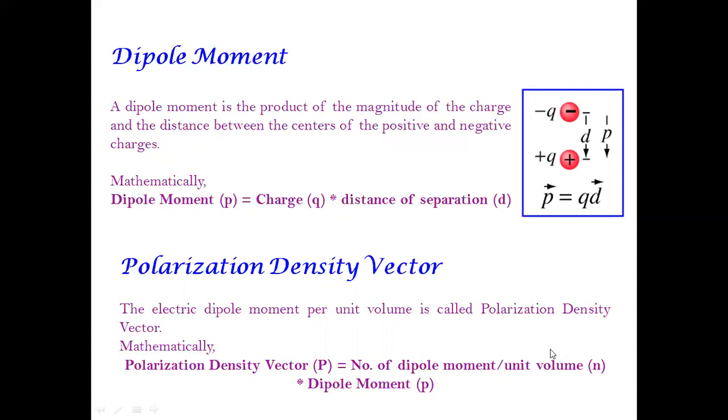If the number of dipoles per unit volume is n, then the polarization vector is equal to n into the dipole moment. We already defined the dipole moment, that is small p. This is the mathematical expression of the polarization density vector.